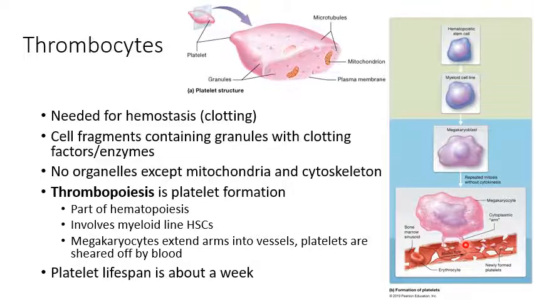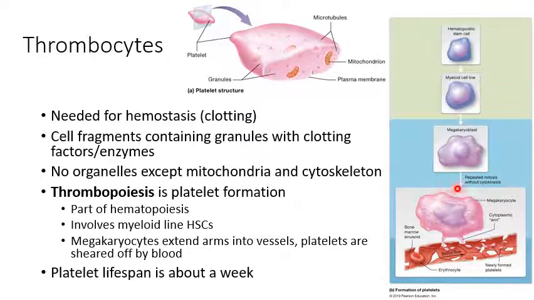And once this arm is extended into the capillary, it's kind of being buffeted by the blood as the blood is moving through, and all the different stuff is kind of hitting those arms. And so you're going to have little bits breaking off of the arms and becoming platelets. So all of these platelets are actually fragments that have been broken off of this larger megakaryocyte cell.